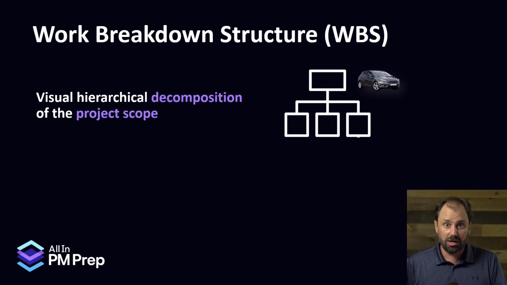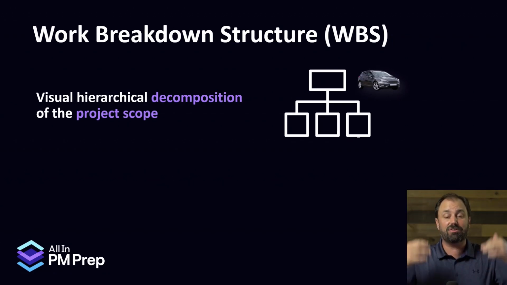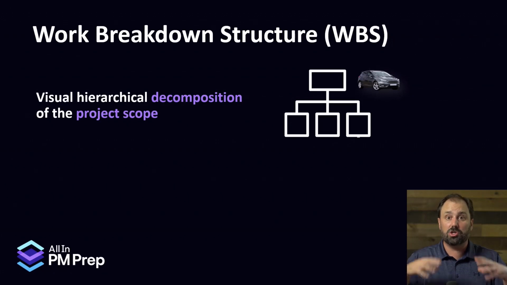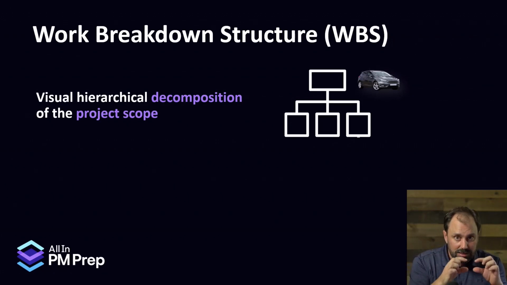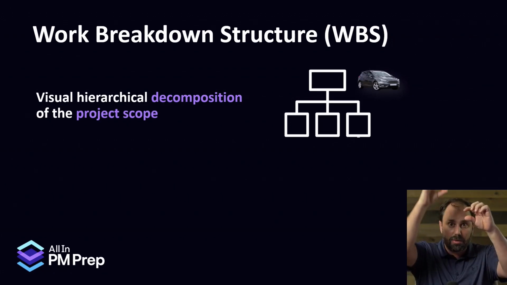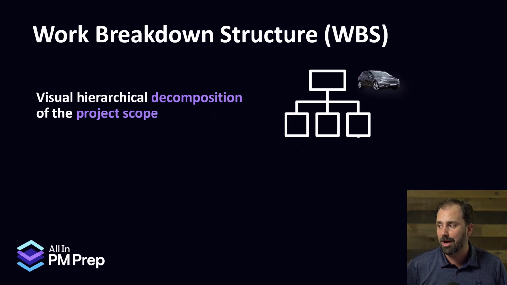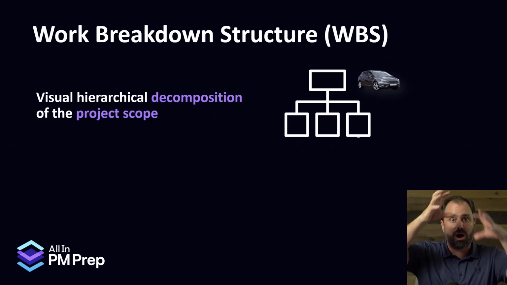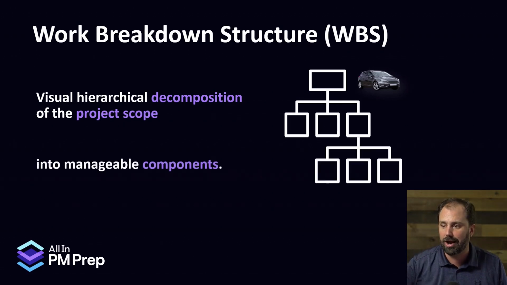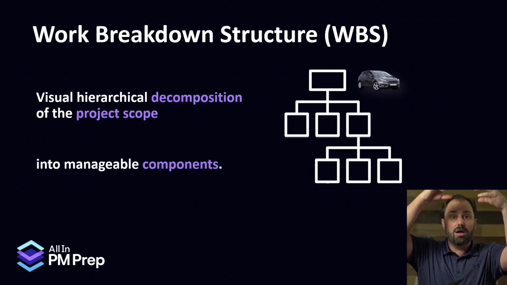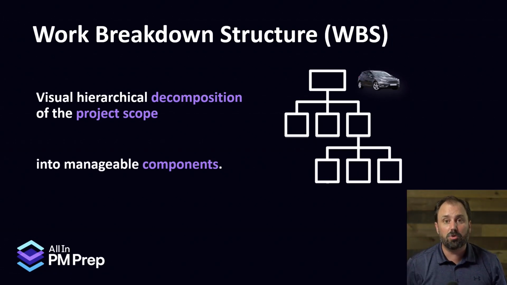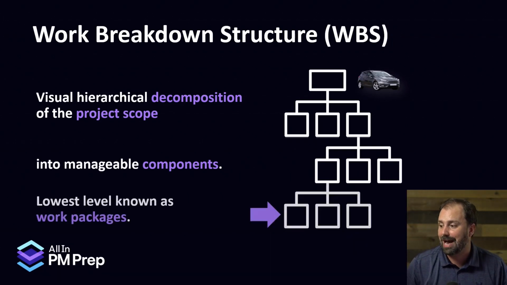It's a picture that takes the big stuff and breaks it down into little stuff, progressively little junk as you go through. So you can get it to the bottom and say, oh, this is the thing I got to build that helps build that, all the components as they radiate up. We can see at the top, it could be the car, and zoom, it goes from down there, all right? Now, as we break the big picture into the manageable components, we can see how it plays out, right? And the lowest level is known as the work package. We need to nail that down.